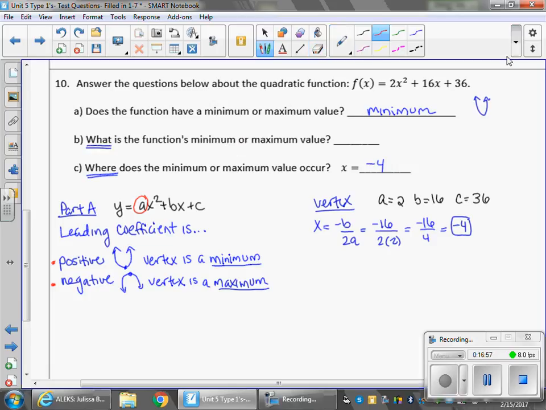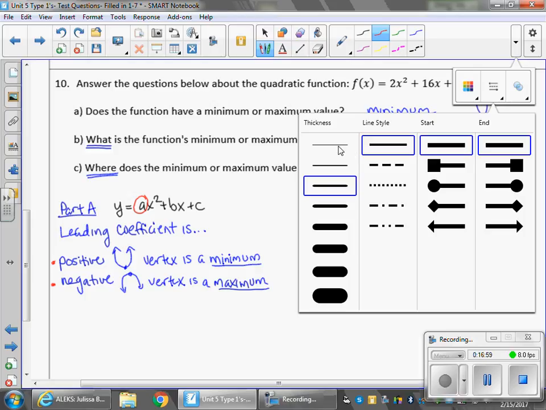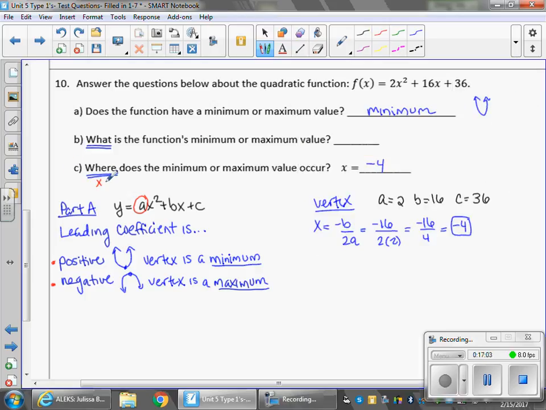What versus where? When it asks where, it's asking for the x coordinate of the vertex. If it's asking what, it's really asking for the y coordinate of the vertex. Okay? So when we start, we actually found the answer to C.